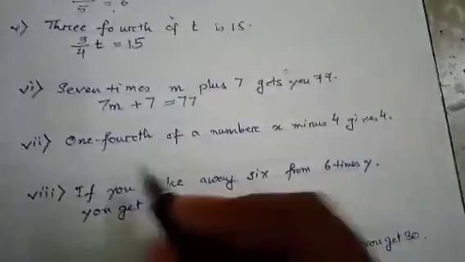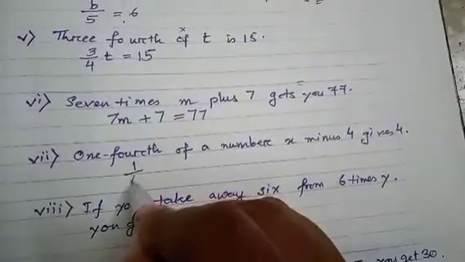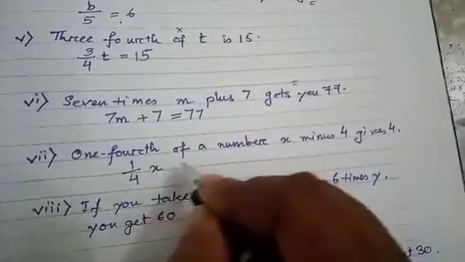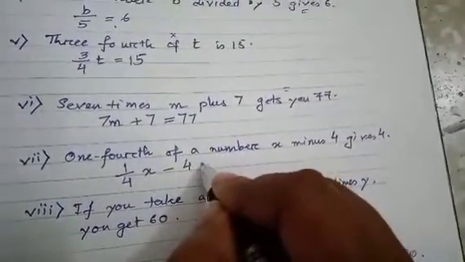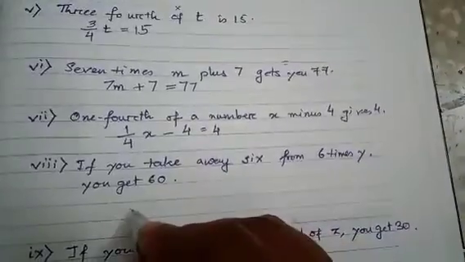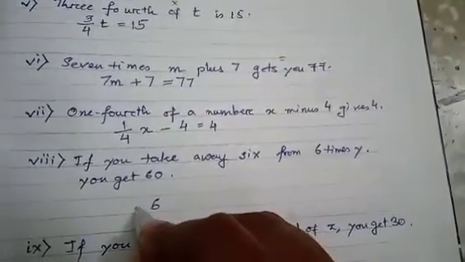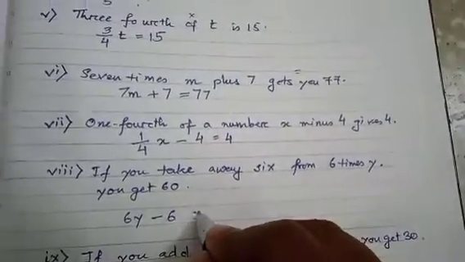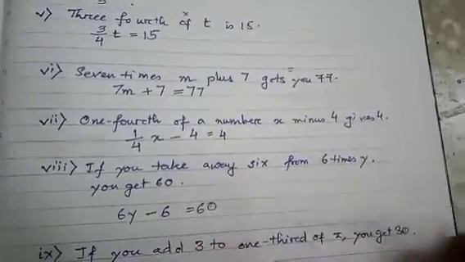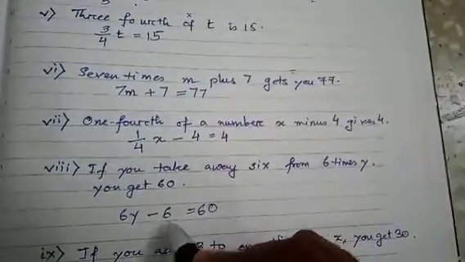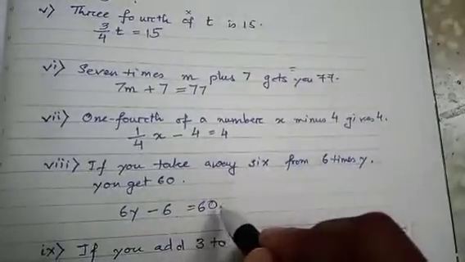Then 1/4 of a number x minus 4 gives 4. If you take away 6 from 6 times y, you get 60.